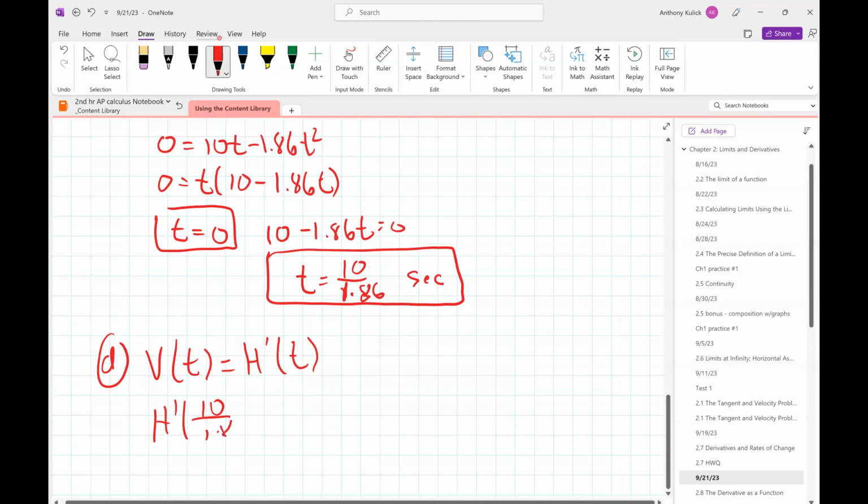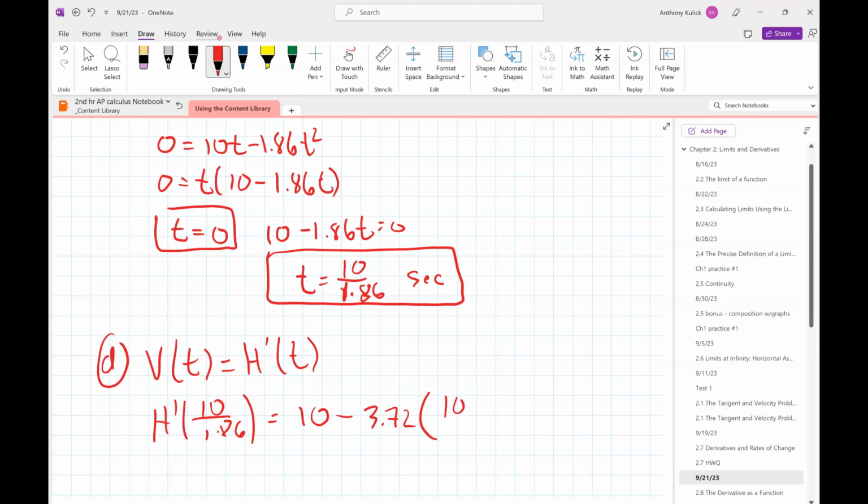That's 10 divided by 1.86. So I'm just plugging that in. So that was, what was it? It was 10 minus 3.72 times 10 over 1.86. So what's that? Negative 10 meters per second, I think is what that arithmetic comes out to.